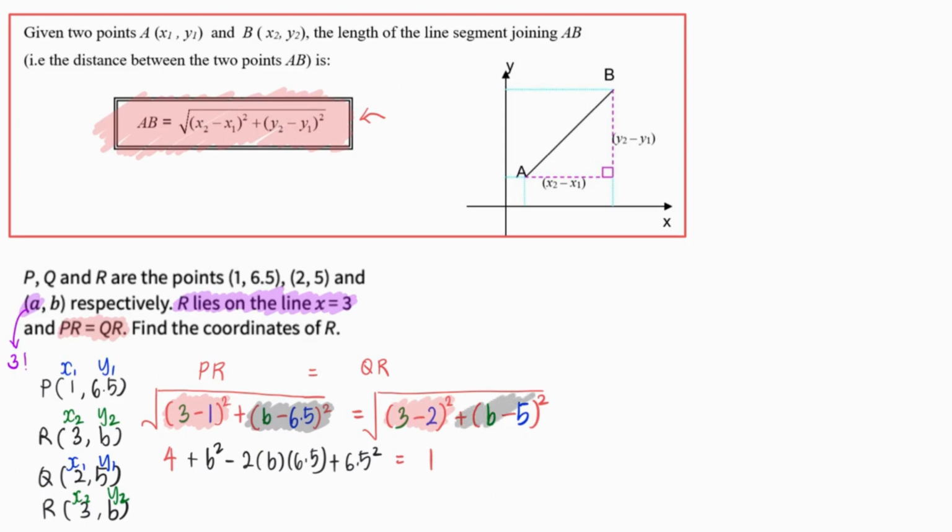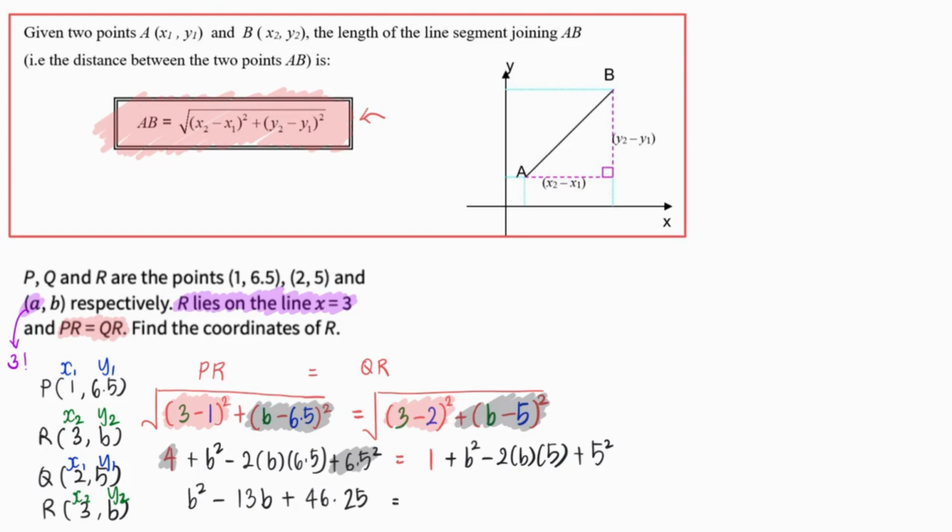Again, this part here will also make use of the algebraic formula. So I will have my b square minus 2 times b times 5 plus 5 square. So I'm going to simplify. I will have b square minus 2 times b times 6.5 is 13b, plus 4 plus 6.5 square would give me a value of 46.25.